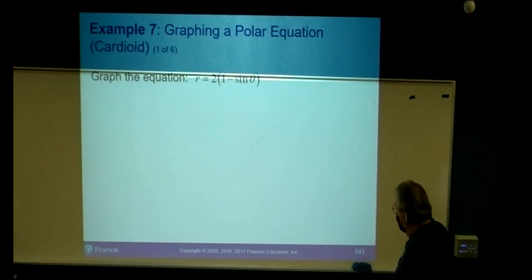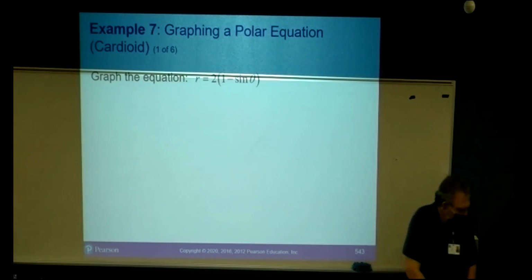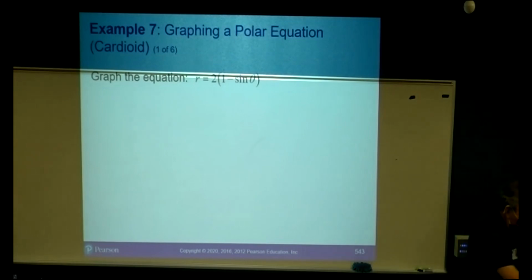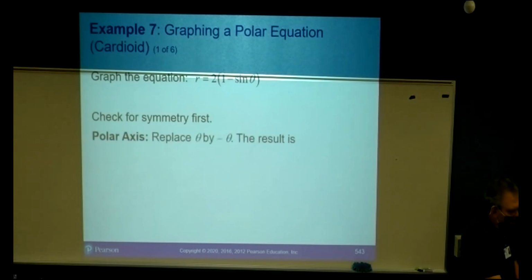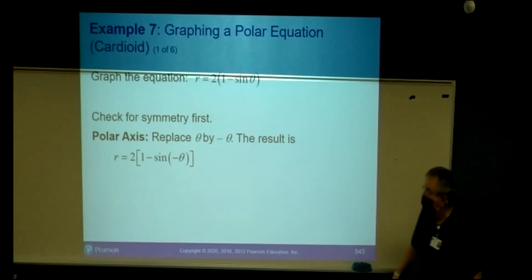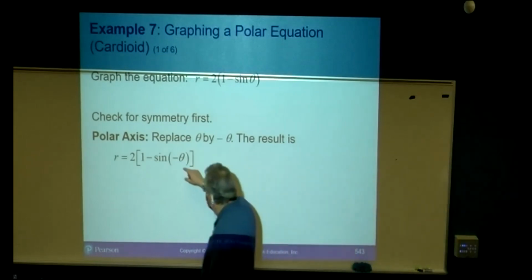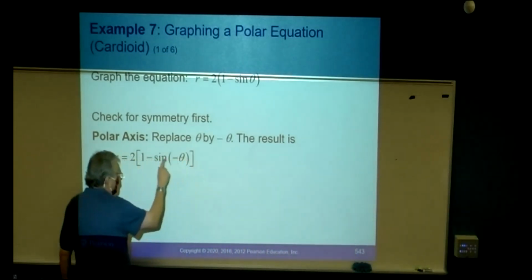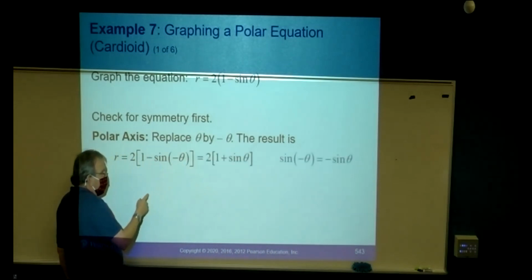Now we're going to graph this equation. One second. Let me see here. Very quick. All right, first thing they do is check for symmetry. Replace theta with negative theta. So the sine of a negative angle is the negative sine of the positive.